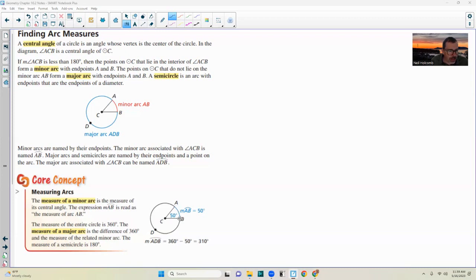In this case, arc AB is 50 degrees because angle ACB, which is a central angle, is also 50 degrees. Arc equals central angle. The major arc ADB is 360 degrees minus that little 50-degree arc, which is 310. So from A through D to B, this big major arc in black is 310 degrees.